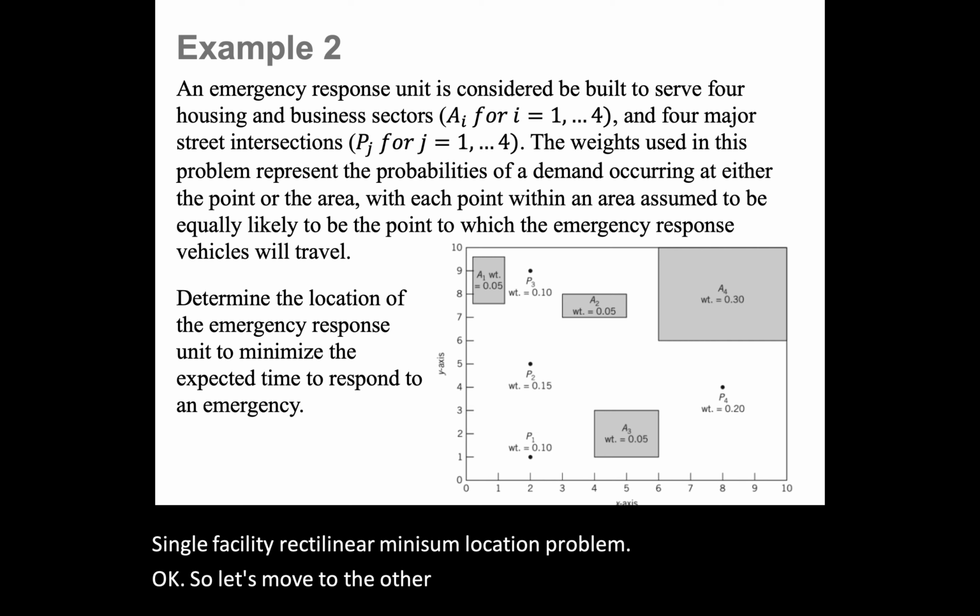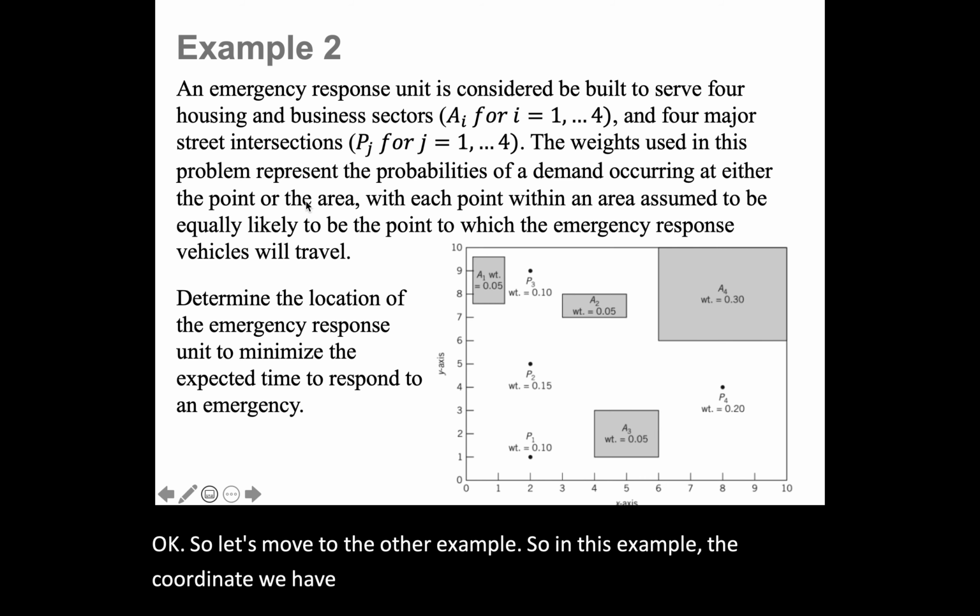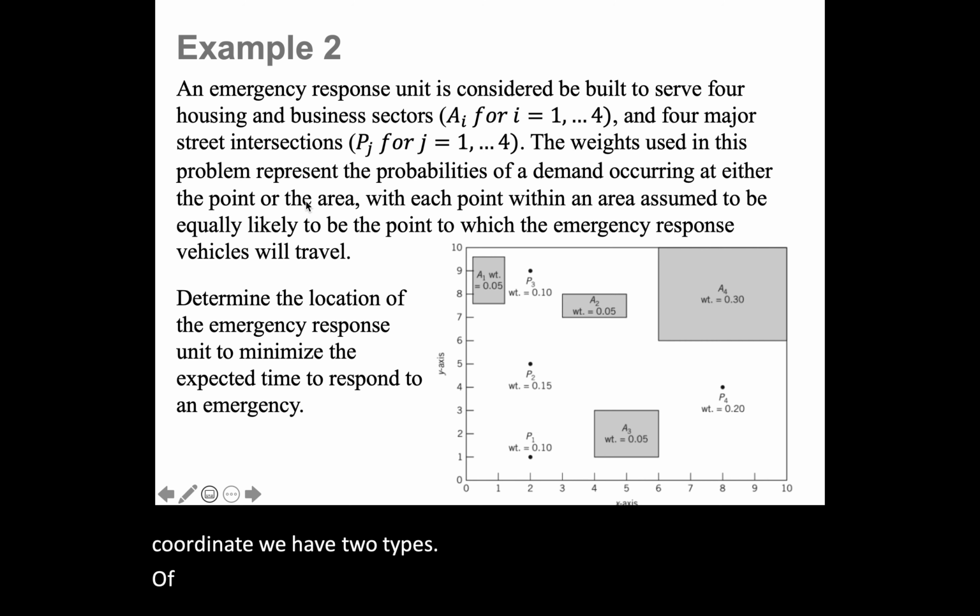So in this example, we have two types of existing facility.